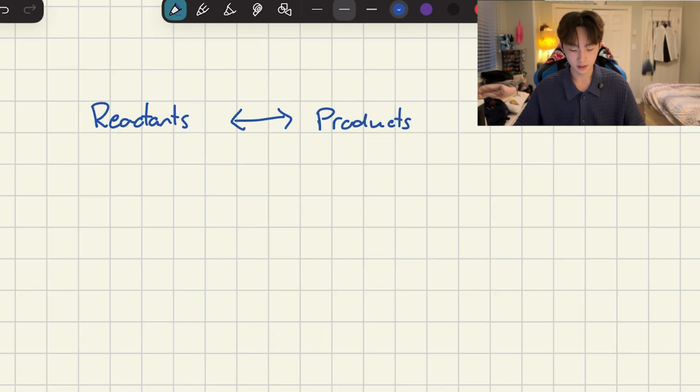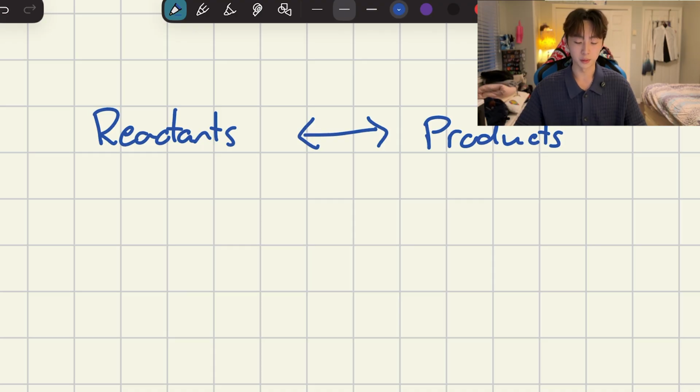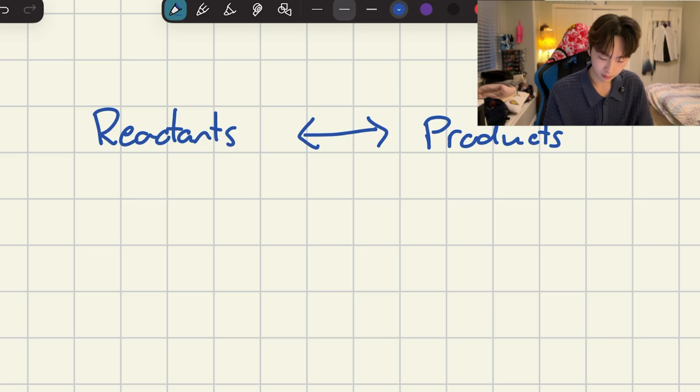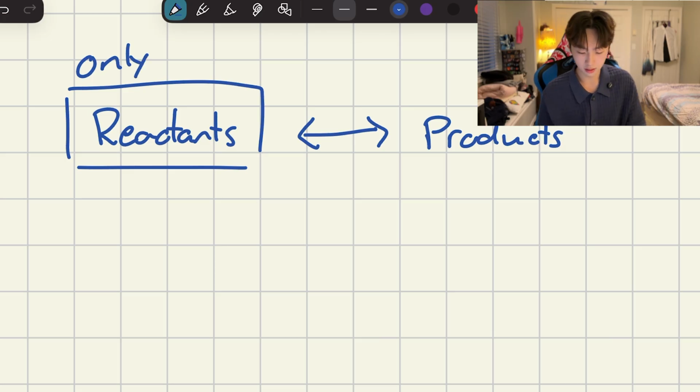Now let's consider this reaction again, just reactants in equilibrium with the products. Let's say you started out with only reactants. Then what would happen? Initially, if you only had reactants, you wouldn't have any products at all.